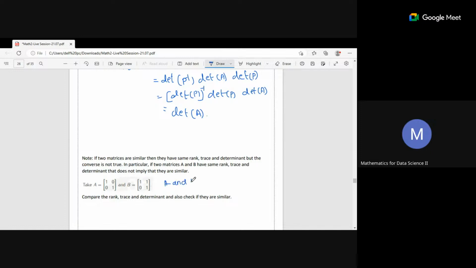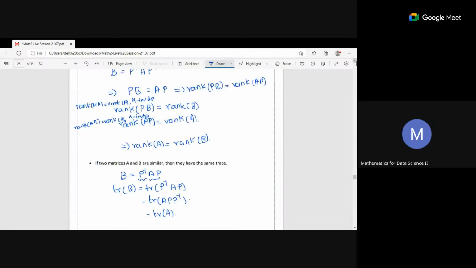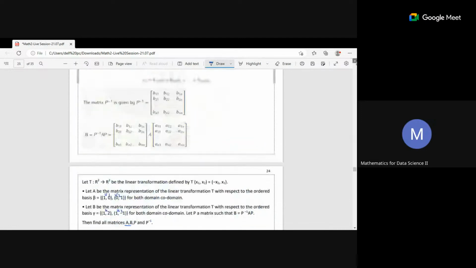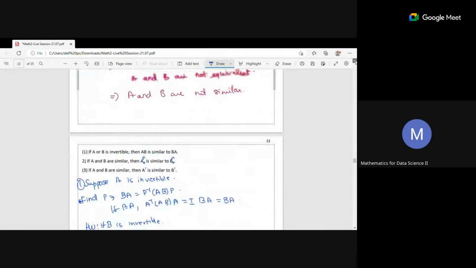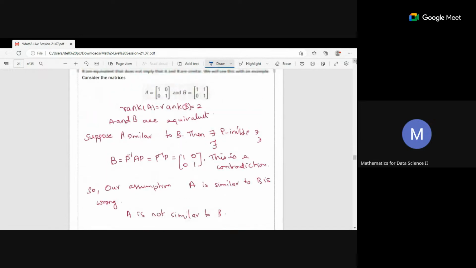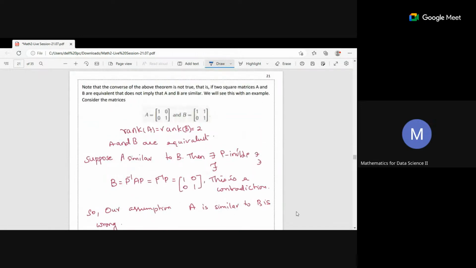Do you remember the example? A and B are not similar. We have already proved earlier that A and B are not similar. Yes, here.